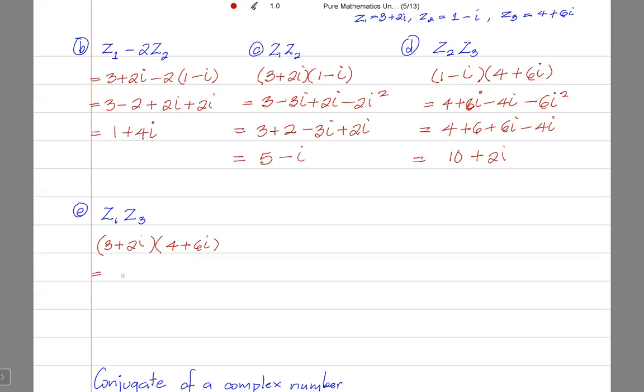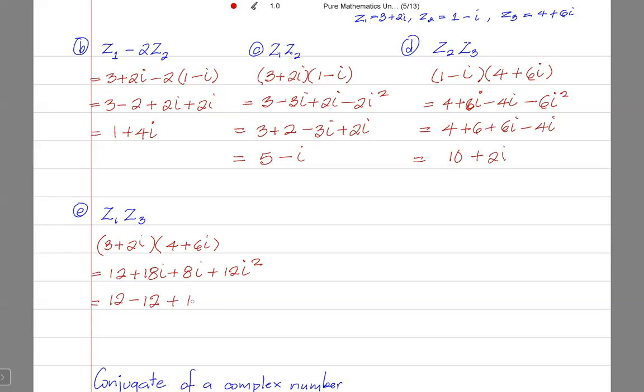3 times 4 is 12. 3 times 6 is 18. 2i times 4 is 8i. 2i times 6i is 12i squared. So this becomes 12 minus 12, because 12i squared is the same as saying 12 times -1, and 12 times -1 is -12.